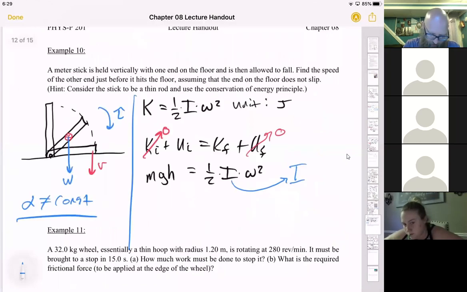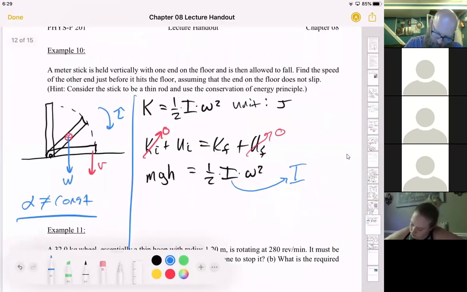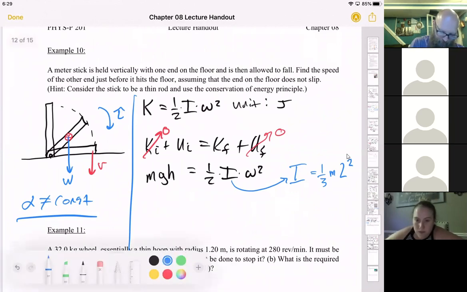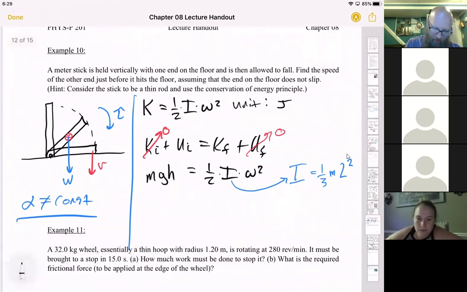So it's 1/3 ml squared. How long is a meter stick? Anybody? Okay, I'll guess then.